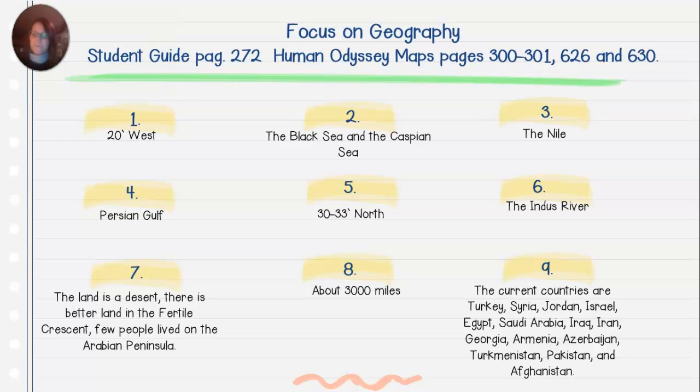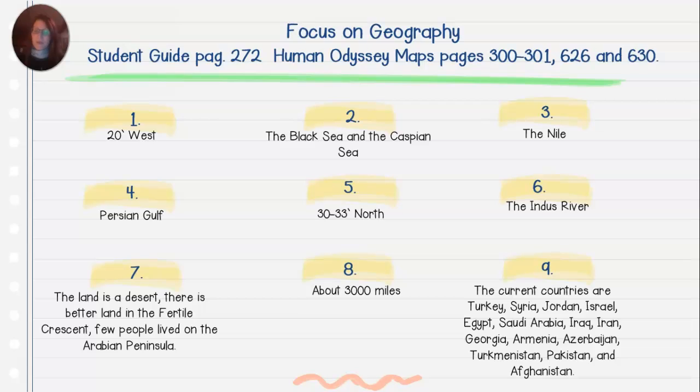That was the Nile. Question number 4, along what body of water was the original part of the Persian Empire? That's the Persian Gulf. Question number 5, at what latitude was the center of the original empire? That would be 30 to 33 degrees north, so that's a latitude line. Remember, latitude measures north and south.